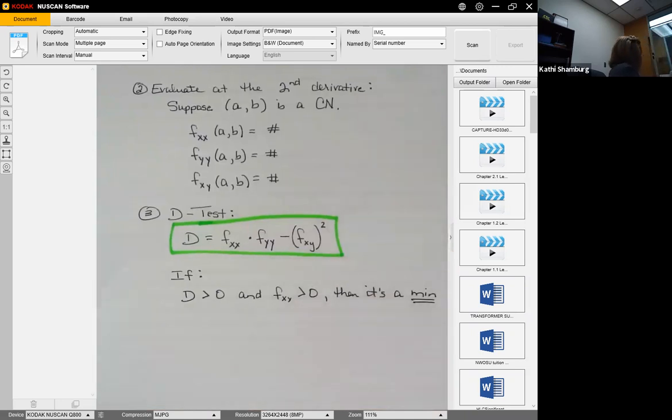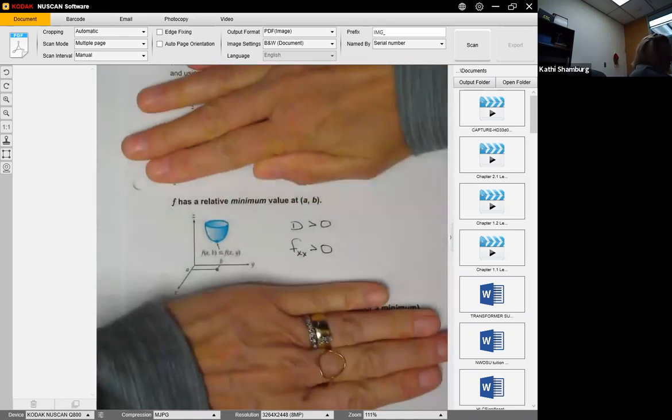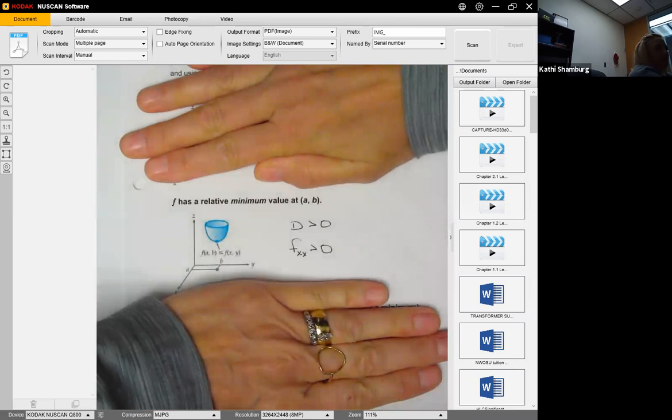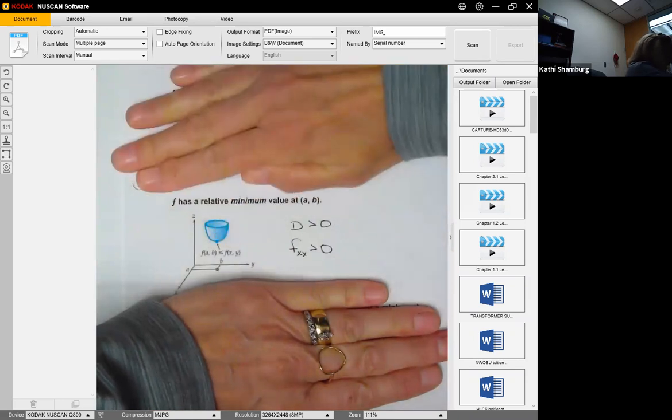And I want to show you what it would look like. That is this picture right here. When D is greater than 0, f sub xx is greater than 0. See that point right there? That is considered a minimum.